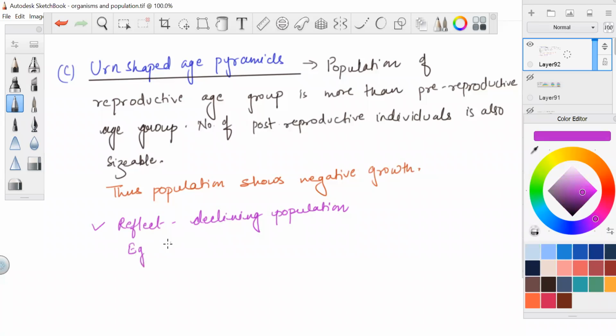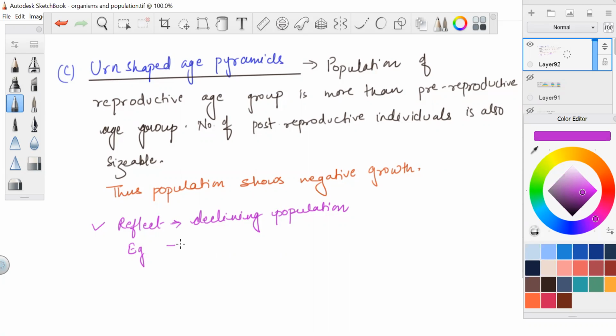Example, which country, any country which has a declining population as per your knowledge? European countries, any Europe country. I think Japan, right? Japan has an aging population. Okay, yeah.